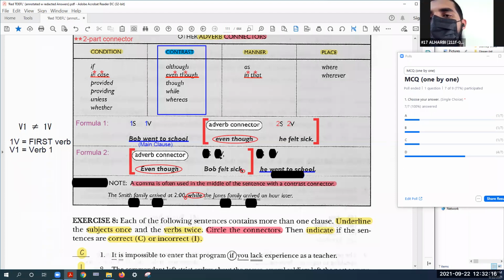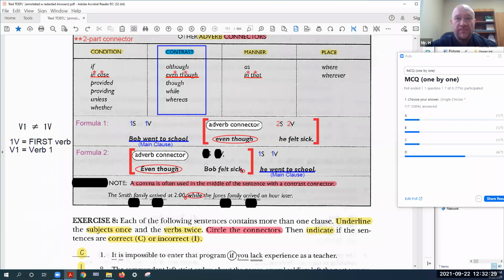So the subject is he, first subject, and first verb, went. That's the main clause. And then second subject, Bob. Second verb, felt. There you go.